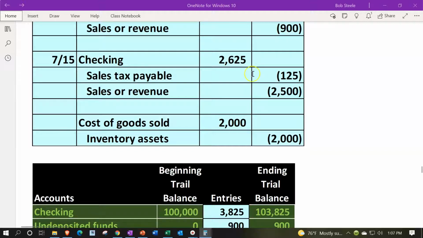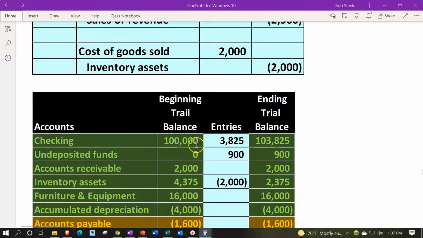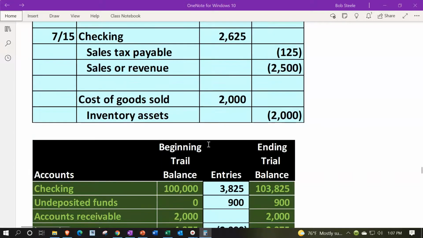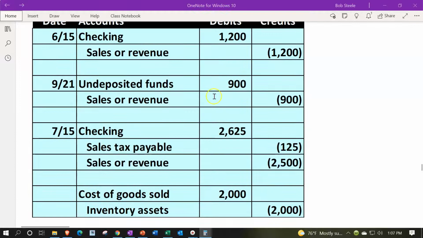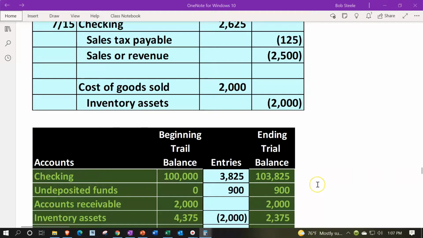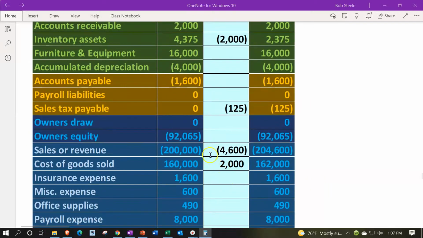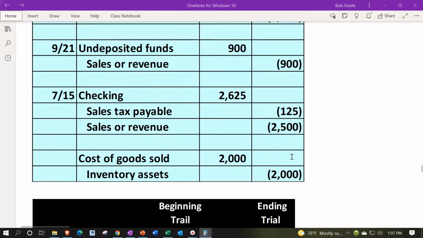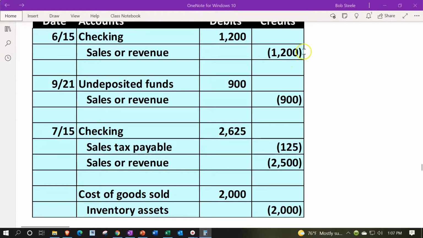Okay, let's post this out. Checking account would be going up, starting at the $100,000, going up by the $3,825 from the transactions that had been taking place here and here, to $103,825. The other side would be on the income statement, included here: the $200,000 going up by the $4,600 to the $204,600, which includes the sales transactions here, here, and here.